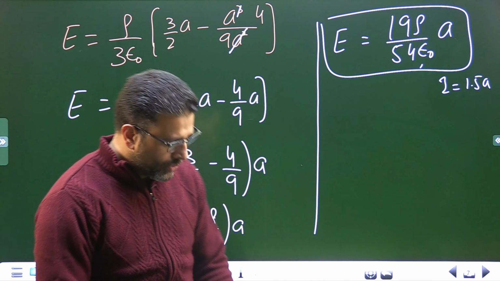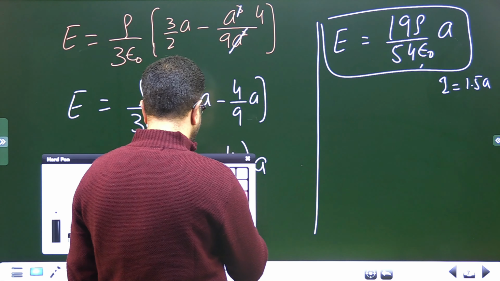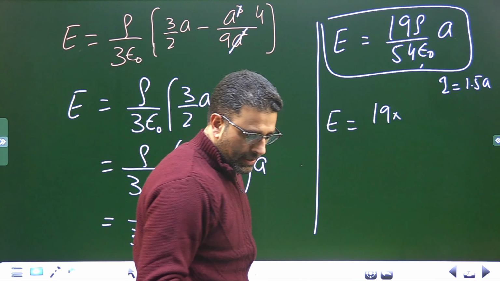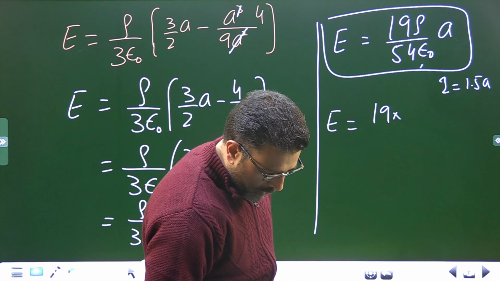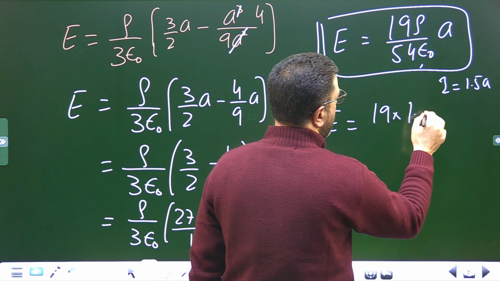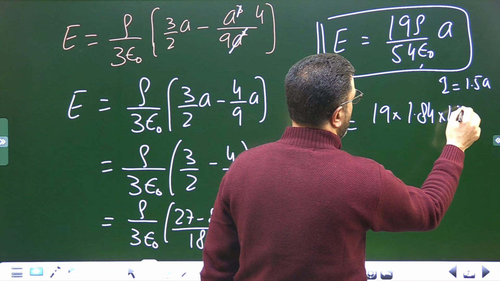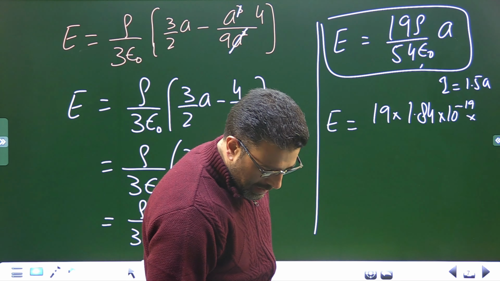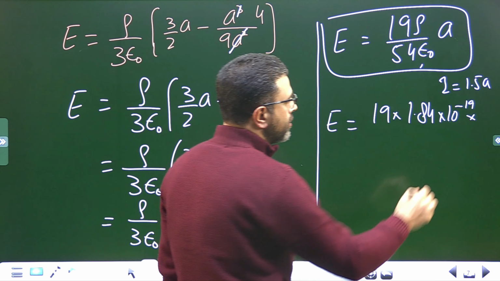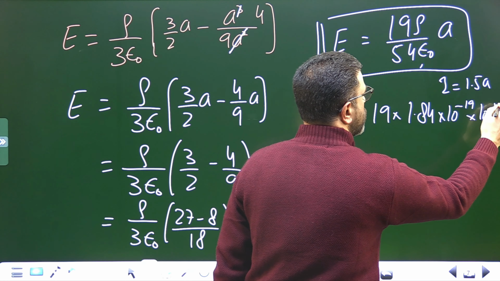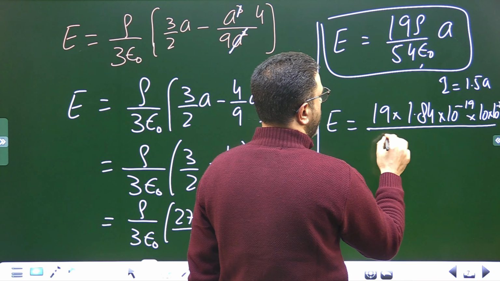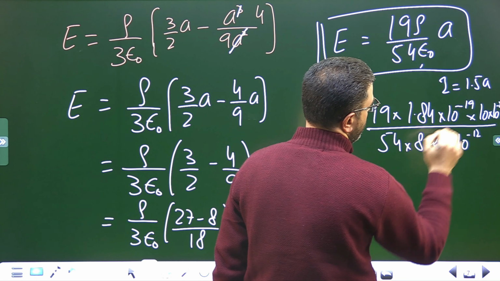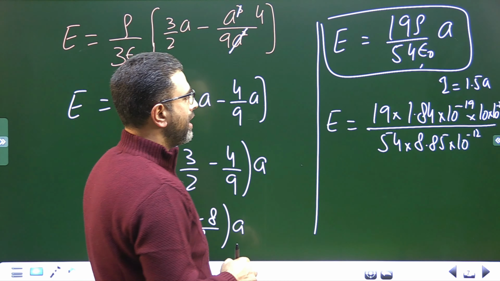Now let's substitute the values and write down what the field is equal to numerically. So E is equal to 19, rho is 1.84 nanocoulomb per meter cube, then we have A, remember A was 10 centimeters, so 10 into 10 to the power minus 2, divided by 54, epsilon 0 is 8.85 into 10 to the power minus 12.